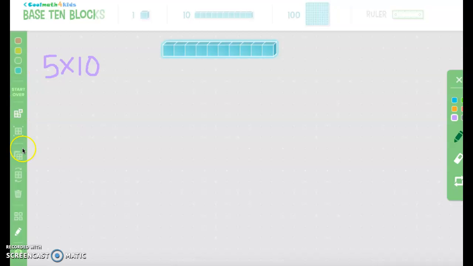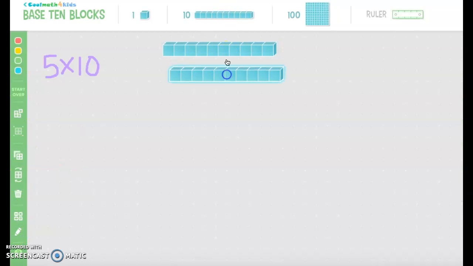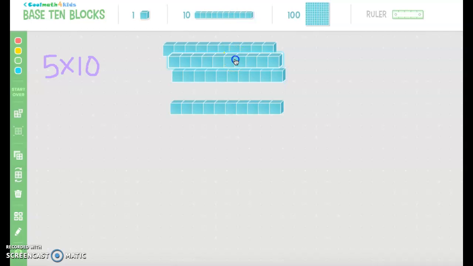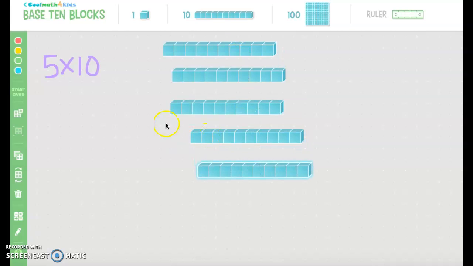So I have 1 there, 2, 3, 4, and 5. I have 5 groups of 10. Now if I were to add them, I could count by tens, 10, 20, 30, 40, 50. So my answer would be 50.